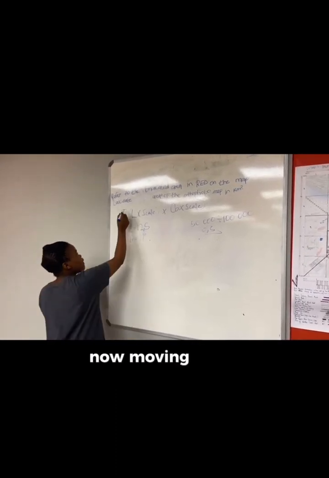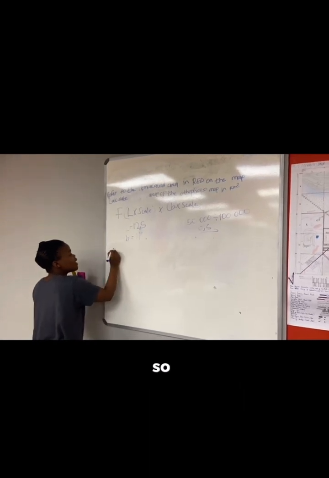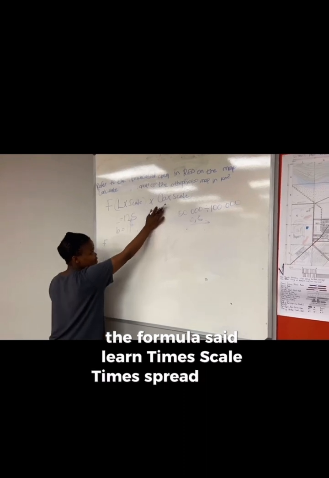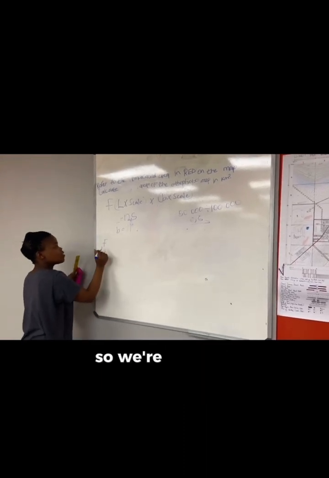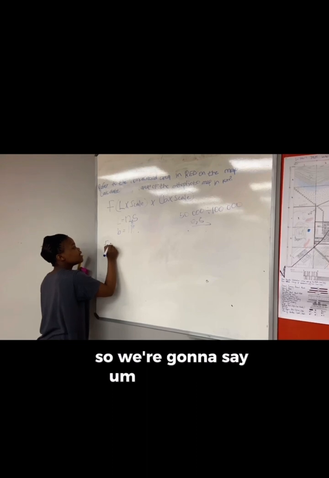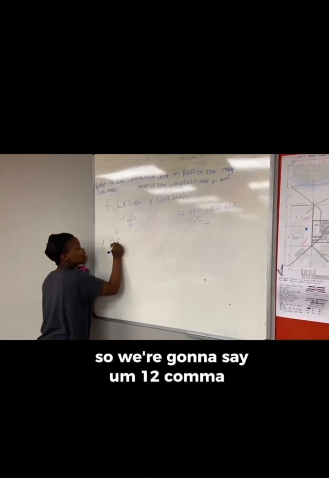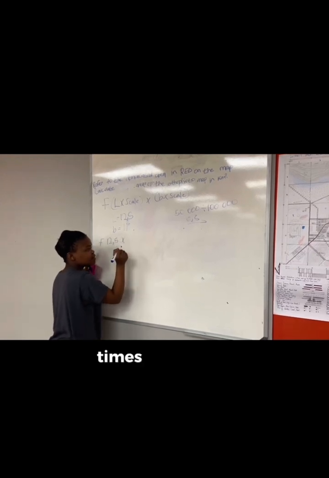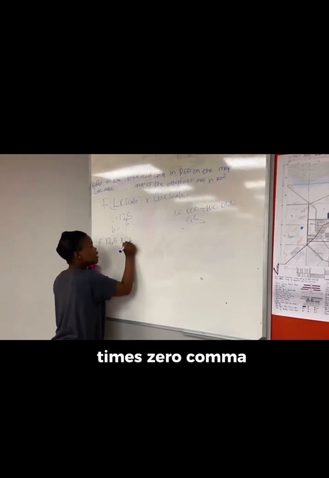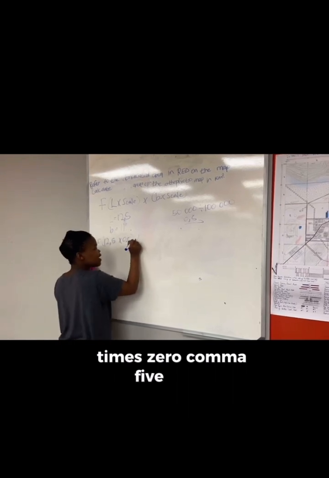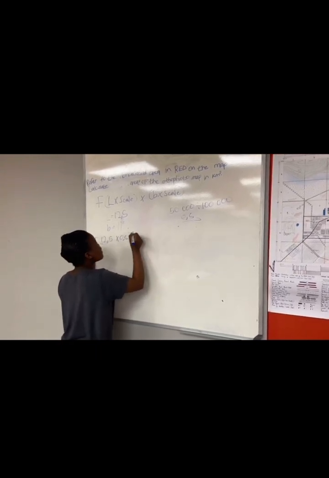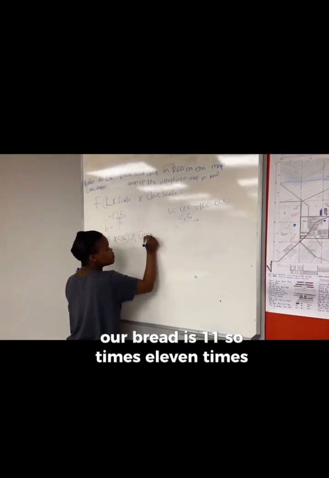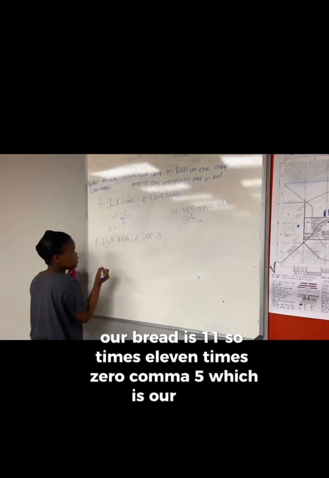Now moving back to the formula. The formula said length times scale times breadth times scale. So we're going to say 12.5 times 0.5 times our breadth, which is 11, times 0.5, which is our scale.